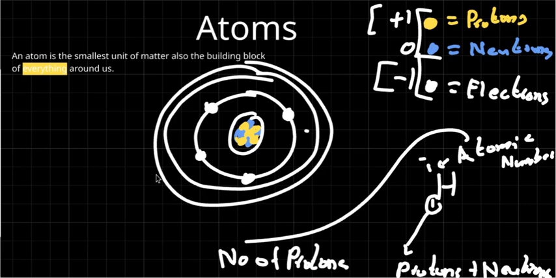What it also tells you, in a way, is that if it's a stable element, then it'll have the same number of protons and electrons, because it always wants to be stable. So in the case of hydrogen, we have one proton, and we'd also have one electron.